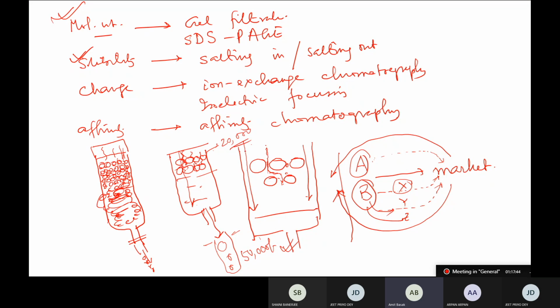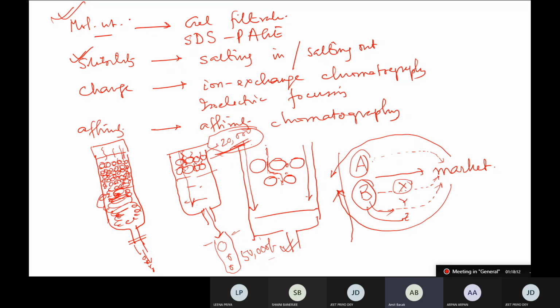That means you have excluded this 20,000 molecular weight protein to remain in the gel, and you have isolated or separated the protein which has a molecular weight of 50,000, higher than this one. Okay, so this is the principle of gel filtration, which takes care of molecular weight.